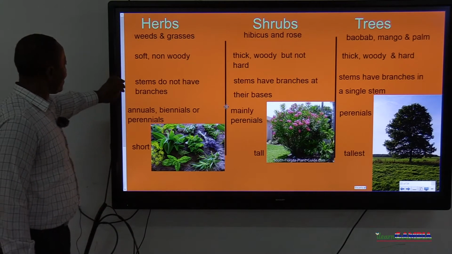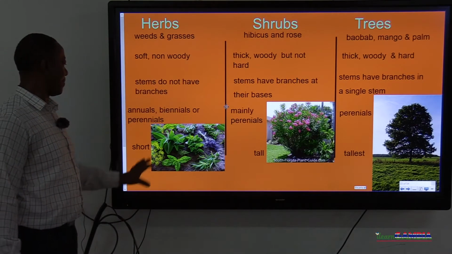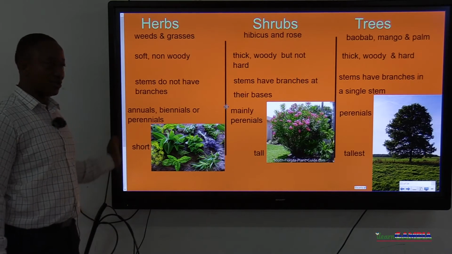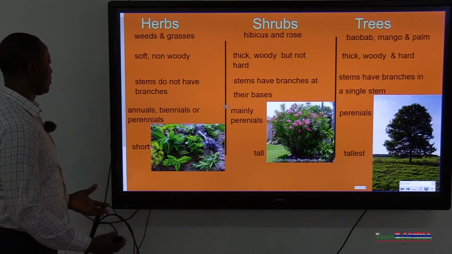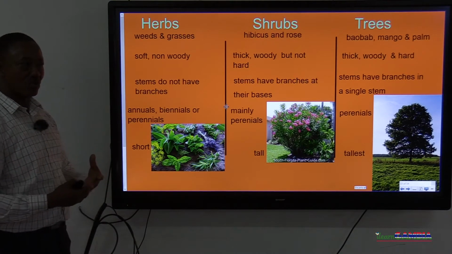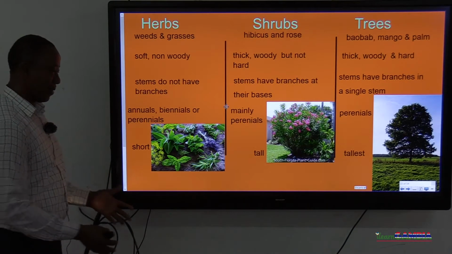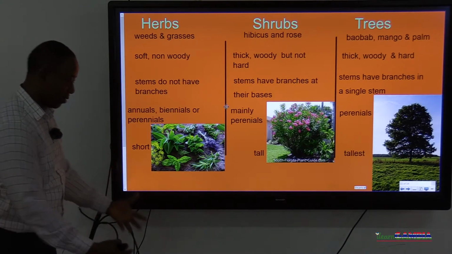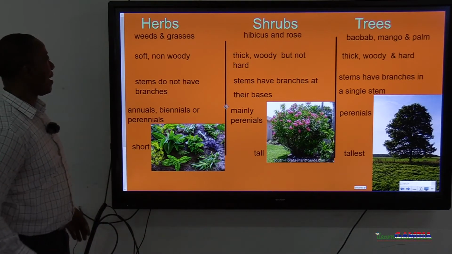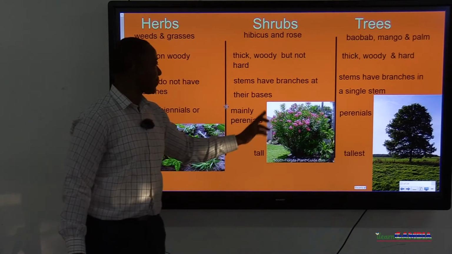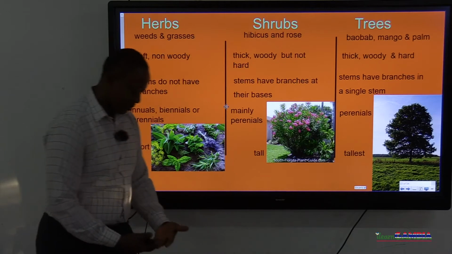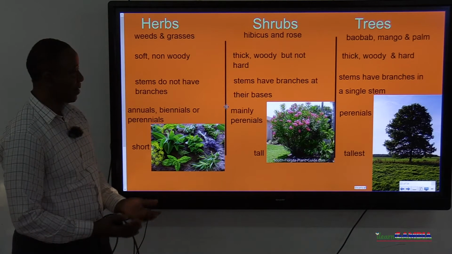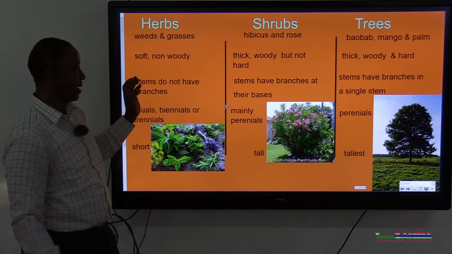Now here, the stems do not have branches. They just grow. All of them are coming from the roots. There's no one stem, they're all coming from the roots. But here, the stems have branches at their bases, okay? So the plant will come out, and at the very base, you have stems and different branches coming up.